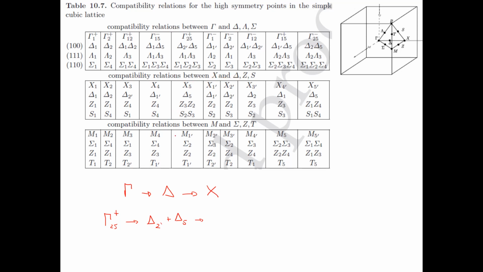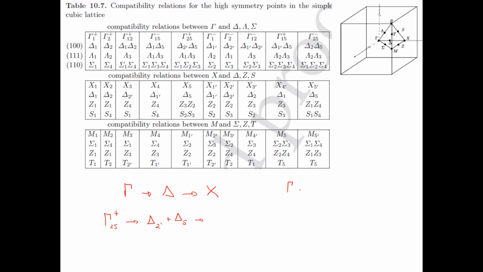So I see here that delta 5 could either link me to X5 or to X5 prime, and delta 2 prime can take me either to X2 prime or X3.